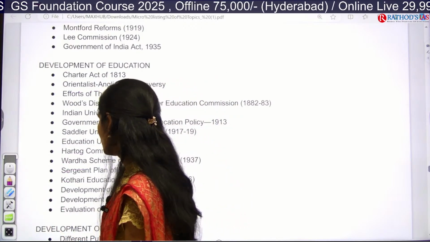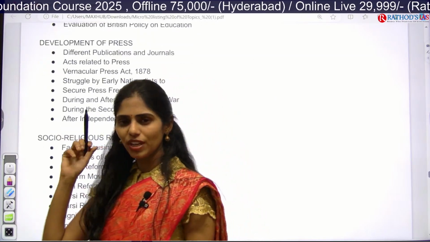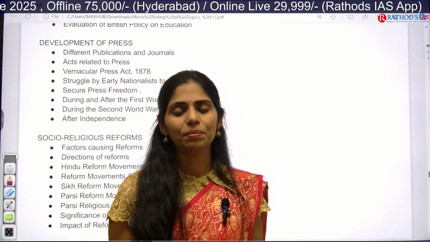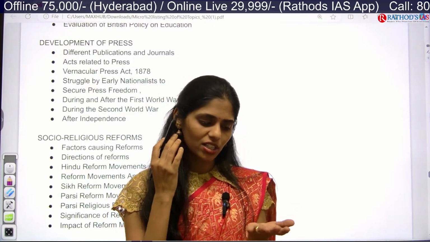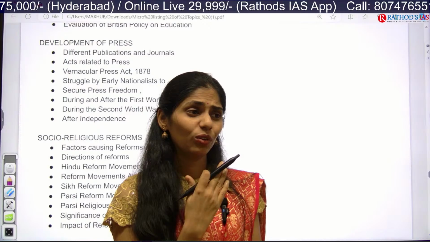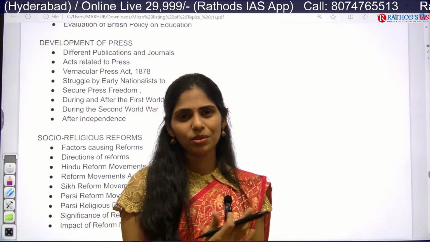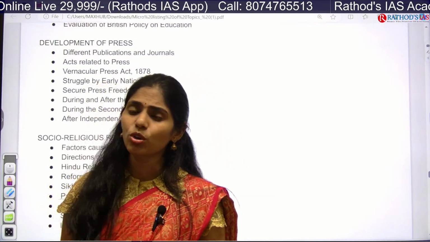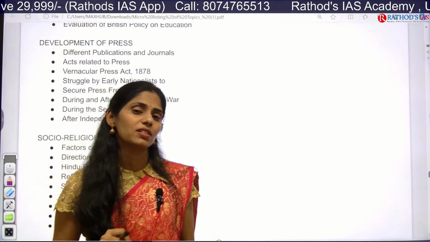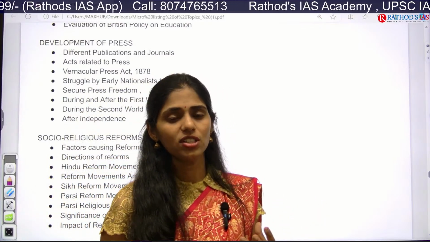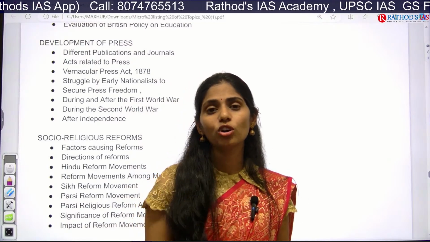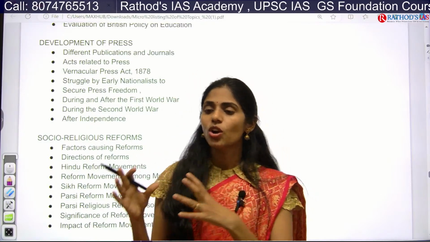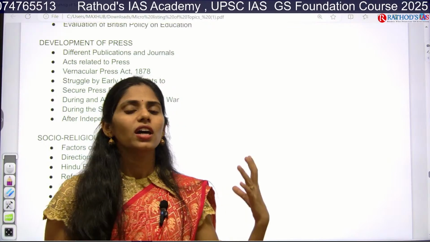And the next one is the press, which was also very important at that time. Our national leaders and freedom fighters started their magazines or newspapers, sometimes in the local or vernacular language, or they came up with monthly or weekly publications. From that time onwards, the British used to suppress the press, because the press is nothing but the fourth estate. It provides information about the government and its policies to the people, and tries to create awareness about British policies and how they were exploiting Indians.